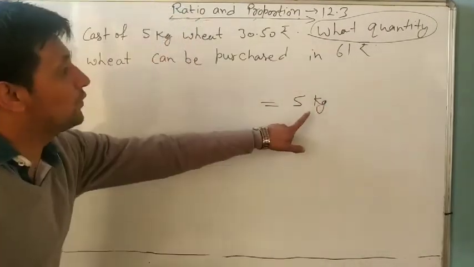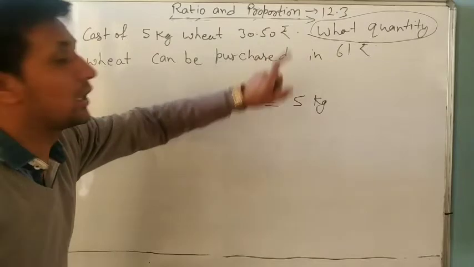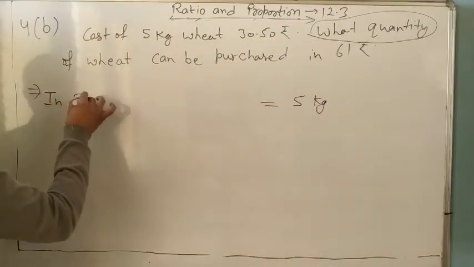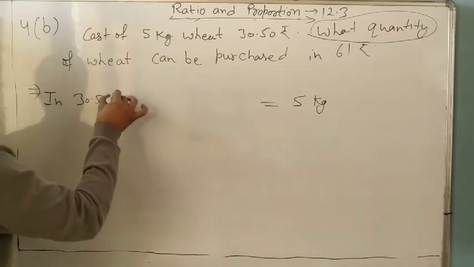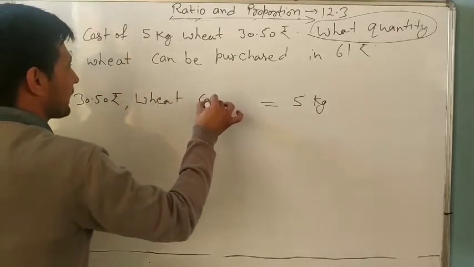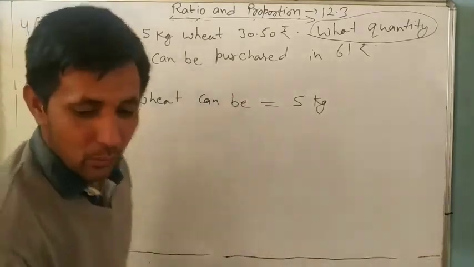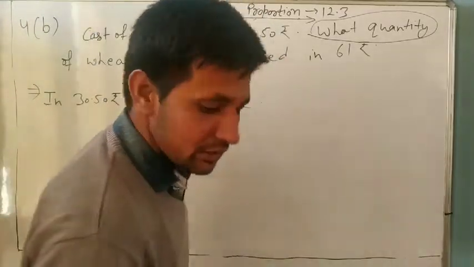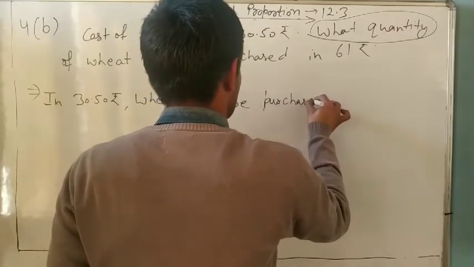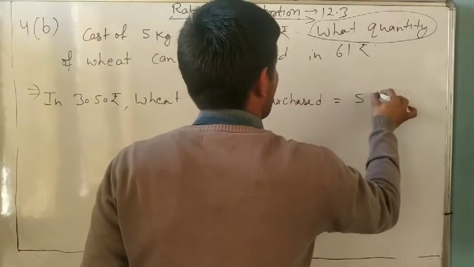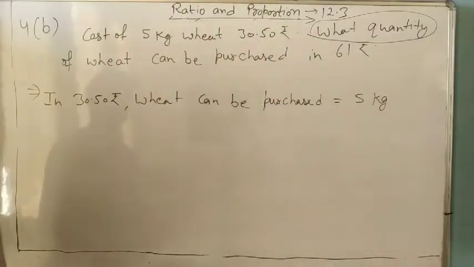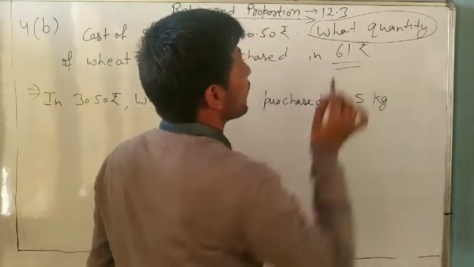And 5 kg we will buy in how much rupees? In 30.50 rupees, so you can write: in 30.50 rupees wheat can be purchased, how much? 5 kg. And we want to find how much quantity in 61 rupees.